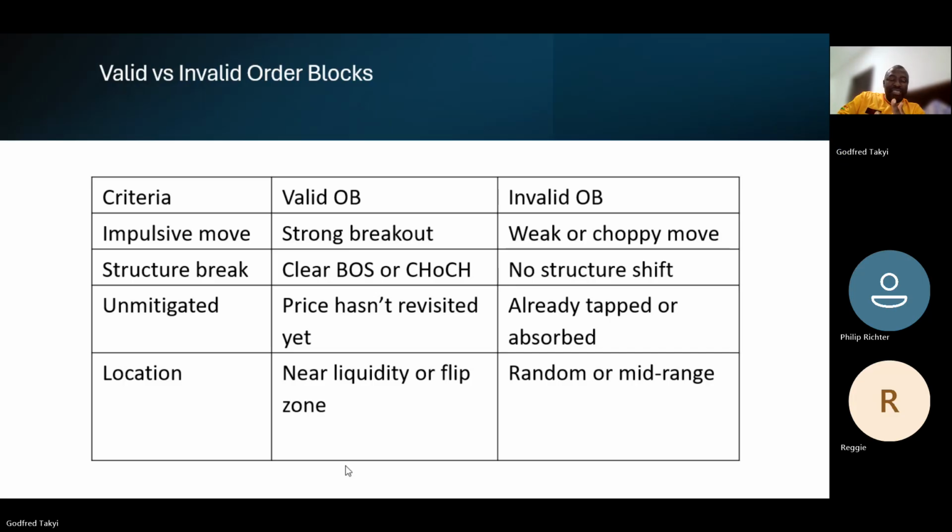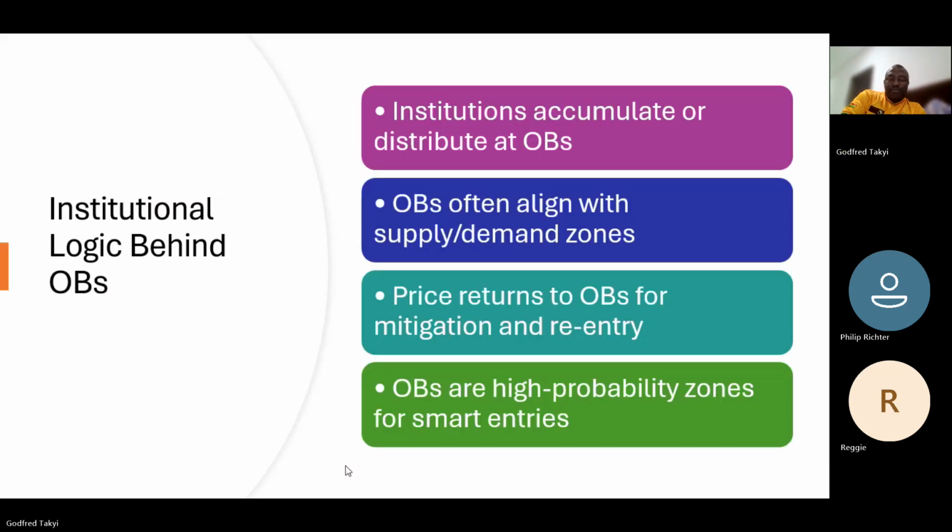Unmitigated. There should be a gap, what we call a fair value gap. And the last one is that the candle that you highlighted should close, for a bullish order block, below the previous candle. For a bearish order block, it should close above the previous candle. I will get there when we go on the charts.